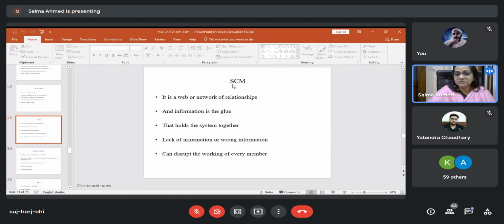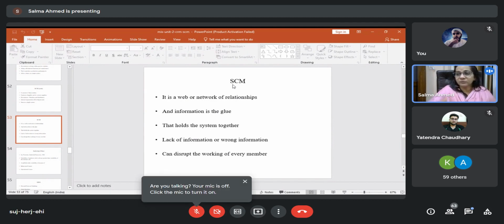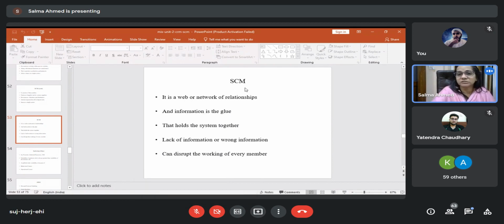So it's not a single line of relationship, it's a web, a network. The term chain should be replaced by a web of relationships: supply network management, not supply chain management.